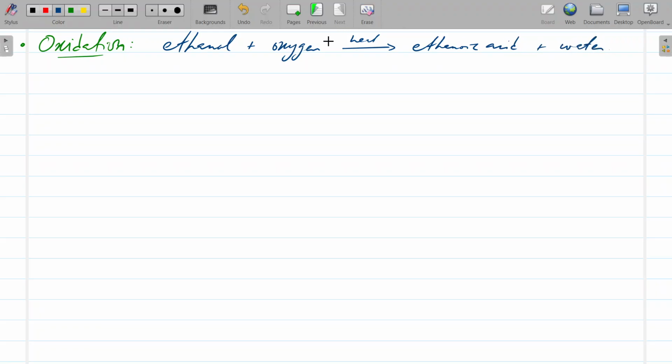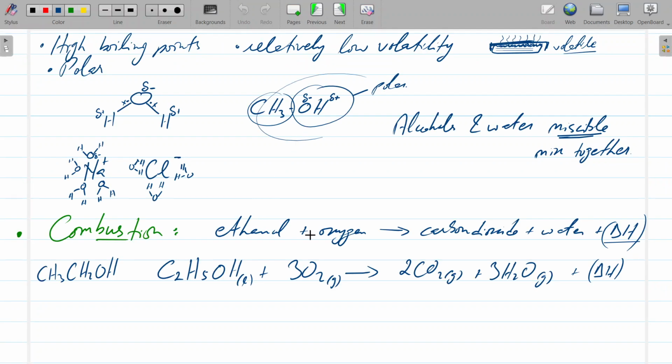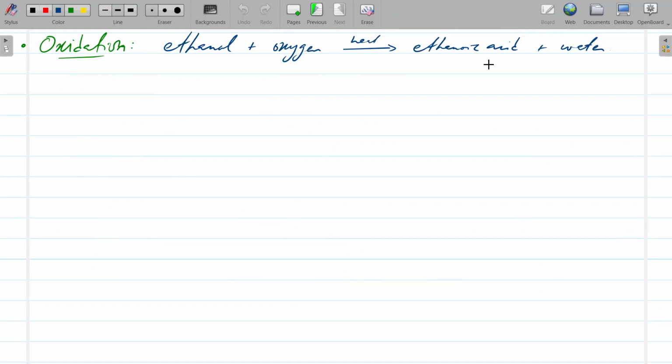Now the question is, how is this reaction different from this reaction? It's the same thing, isn't it? It's ethanol and oxygen. So why are we getting different products? Why is this oxidation and not combustion?